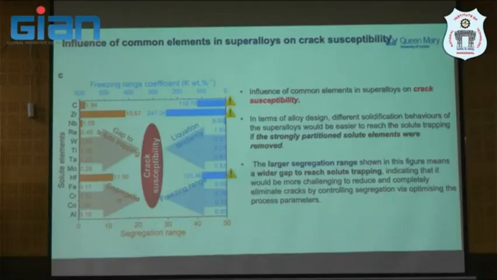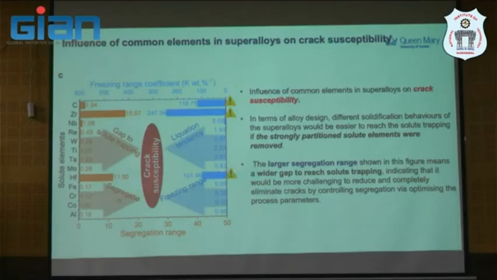Not sure. Or people are trying to see the role of carbon as well. And the larger segregation range means the wider gap of solute trapping you will get. That means hafnium, which you have a lot of in CM247, will be detrimental to the crack susceptibility.